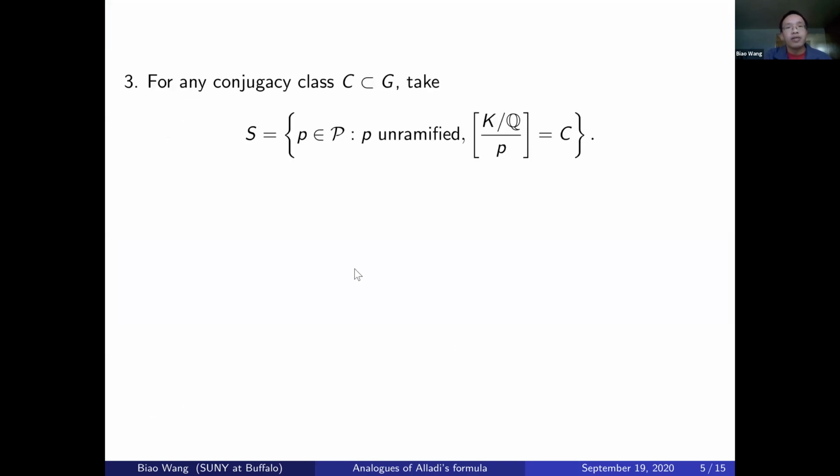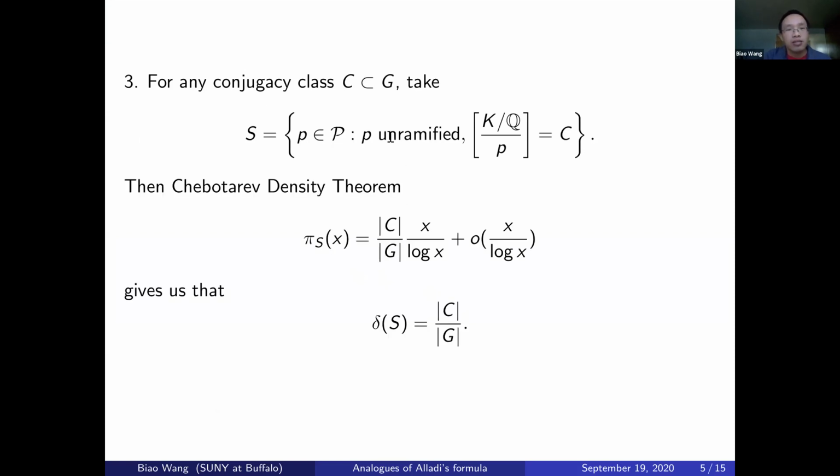Thirdly, if we take such kind of S, then by the Chebyshev density theorem, we can get Dawsey's formula. So natural density is quite general.